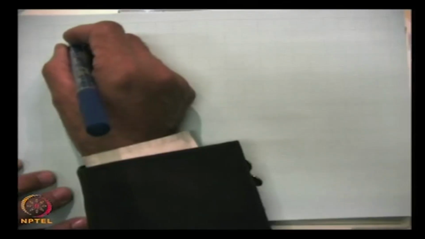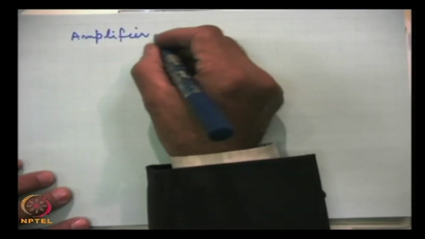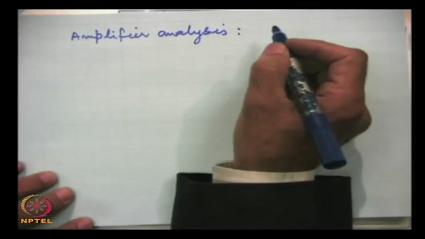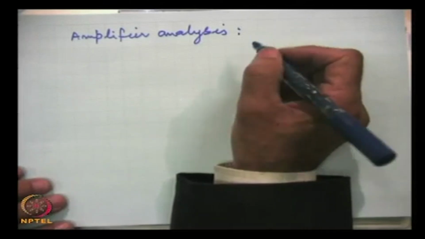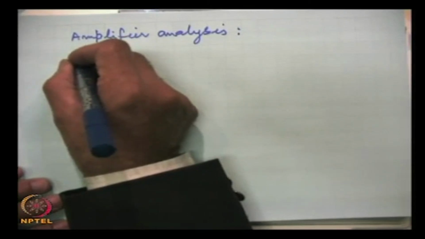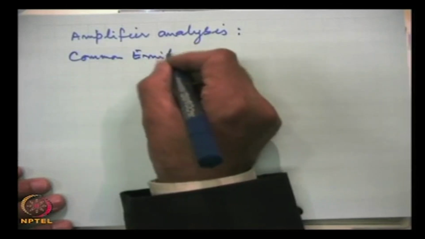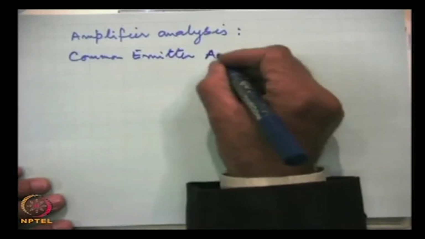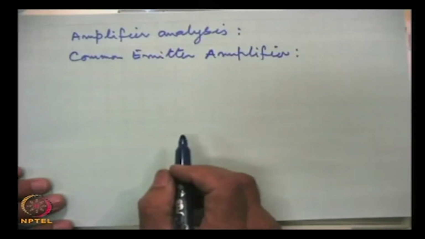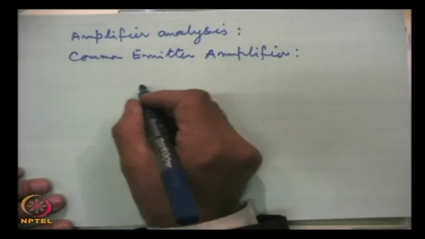So, we start from here, the amplifier analysis, and we first take the common emitter amplifier, and the complete amplifier is this.